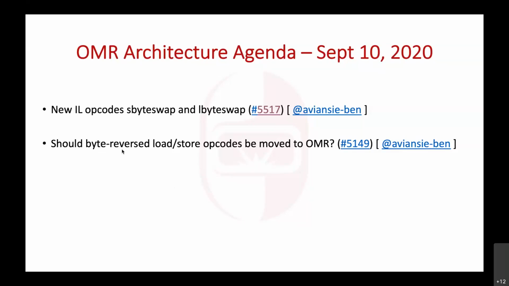And on that note, there is some code in OMR under J9 project specific for supporting those reversed loads and stores. Should we push for OpenJ9 to drop those opcodes after this and instead use the byte swap to get rid of that J9 project specific code? Does anyone even know where we use those?